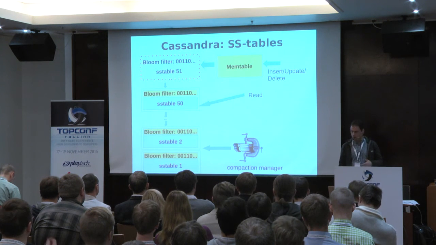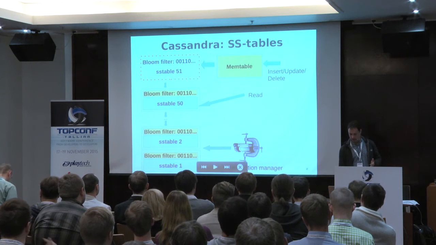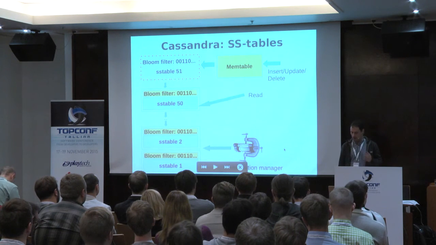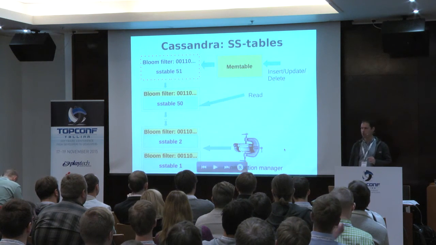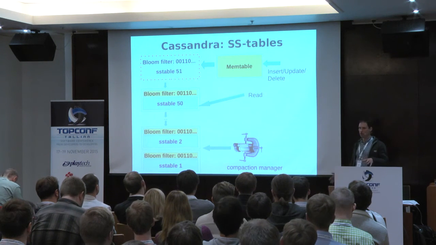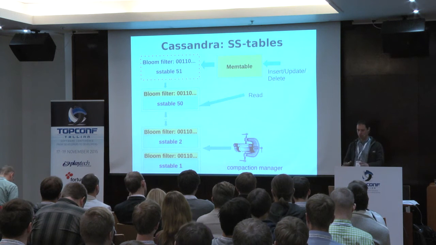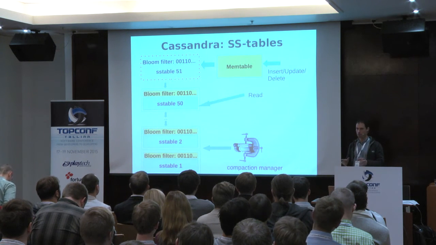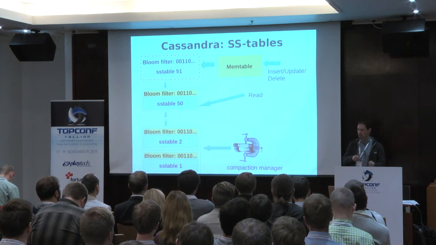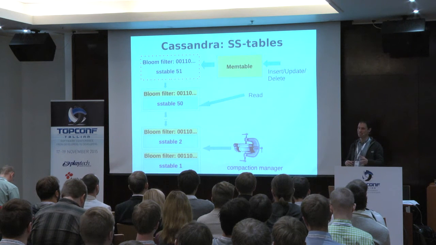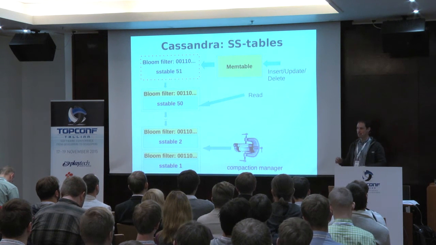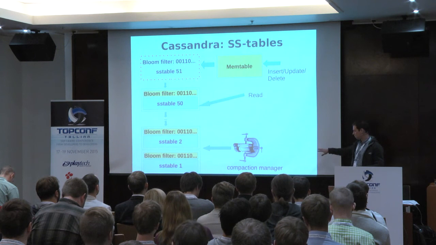And to address that, Cassandra has a compaction manager background process which does all the necessary garbage collection, and it merges multiple SS tables together and produces clean SS table copies, but it takes some time for the compaction manager to do it.